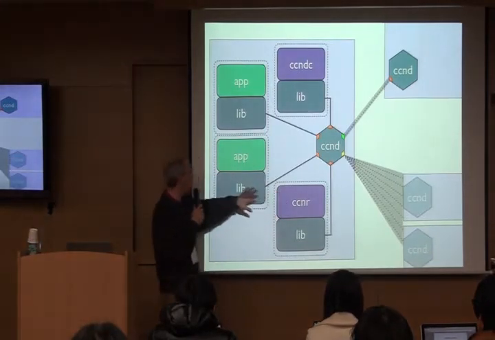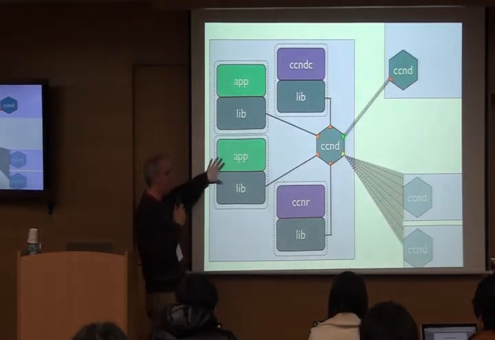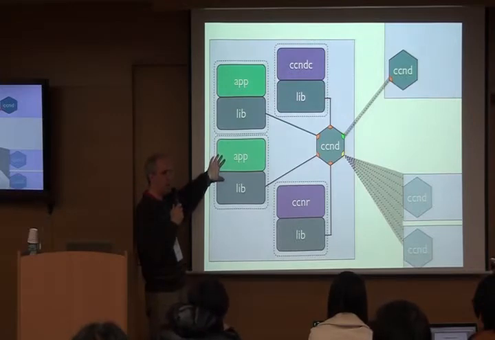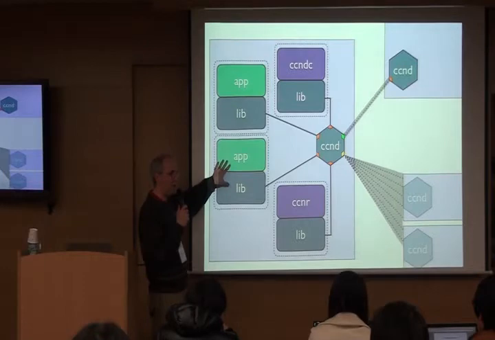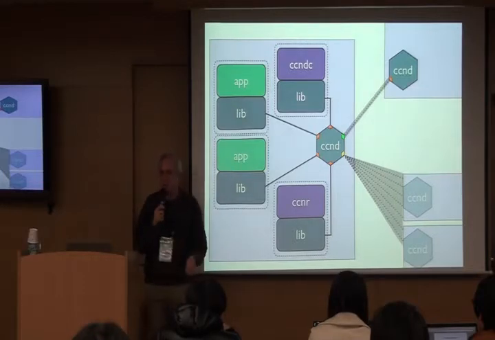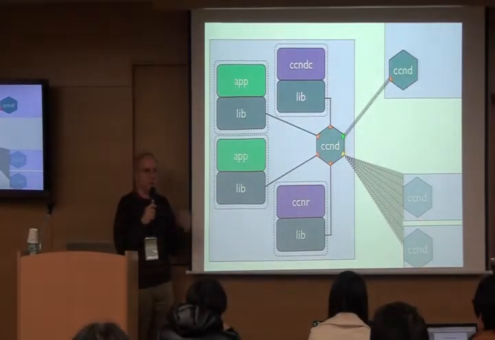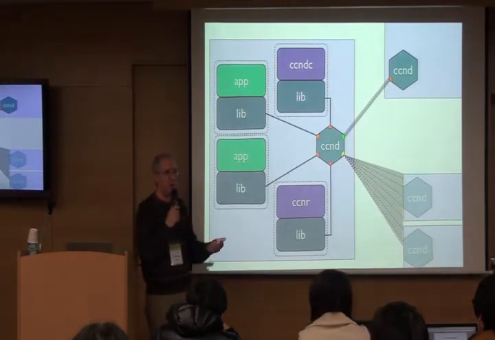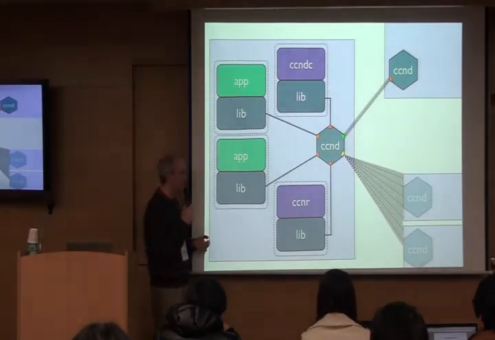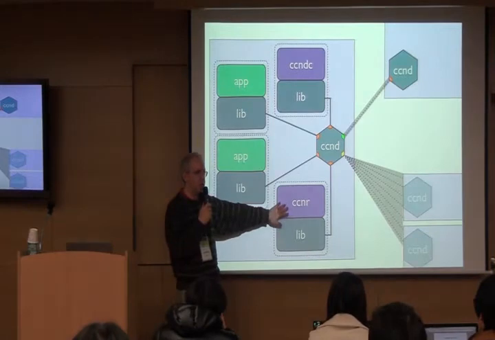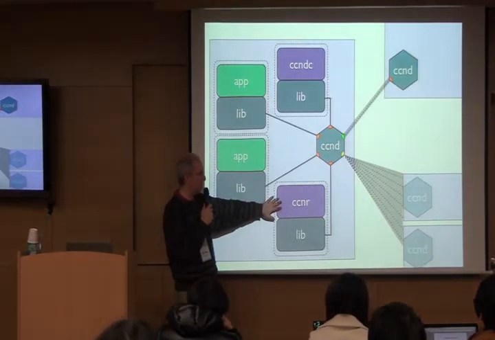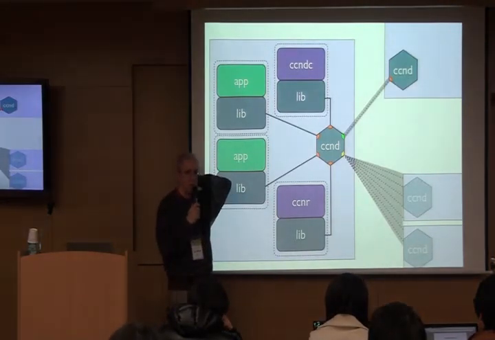So we're going to run a situation where an application itself is going to be the source of data that we want. And as long as you have an application that's willing to be a producer of data, and an application that is willing to be a consumer of data, communication can take place. So in that sense, CCNR is not as critical. Now, why do we show CCNR here and talk about it in the docs as being important?